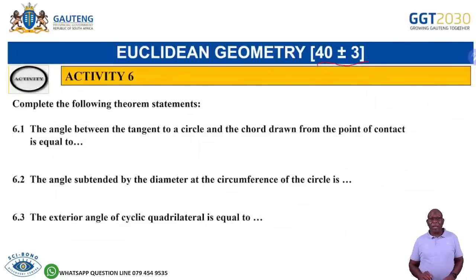Now I've put this 3 here. It says the angle between the tangent to a circle and the chord. So I'm just going to draw a picture of what they're talking about here. So the angle between the tangent and the chord. So if I've got this angle here, that angle equals that angle there.